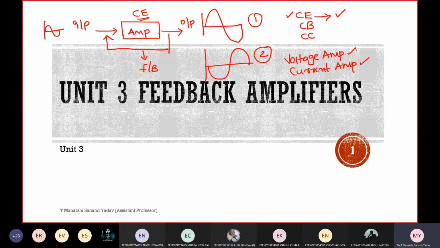In an amplifier, if I'm using common emitter as the transistor, which one is the correct output? First one or second one? Try to tell something. If it is wrong also, no problem. First one. Why?